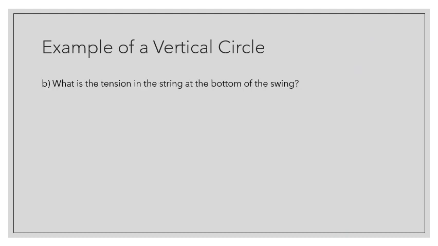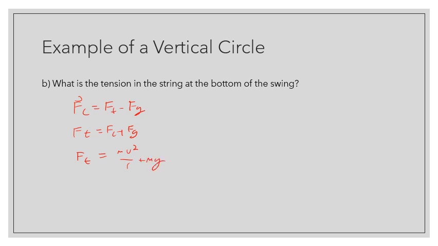Now we're moving on to part B. What is the tension in the string at the bottom of the swing? Fc is equal to Ft minus Fg, so Ft equals Fc plus Fg. So Ft is equal to mv squared over r plus mg.